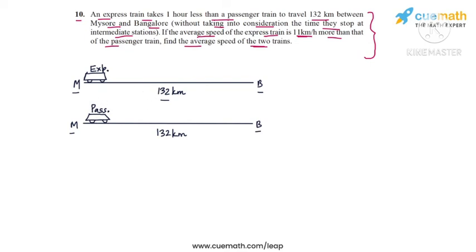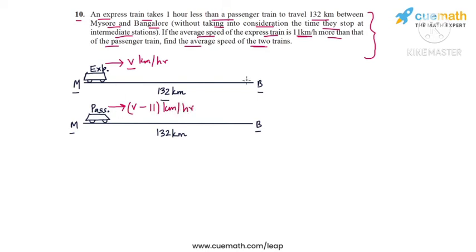Now, if we assume that the average speed of the express train is v kilometers per hour, then we can write the average speed of the passenger train in terms of v as well. The express train is 11 kilometers per hour faster, so the passenger train's speed can be written as v minus 11 kilometers per hour on an average.